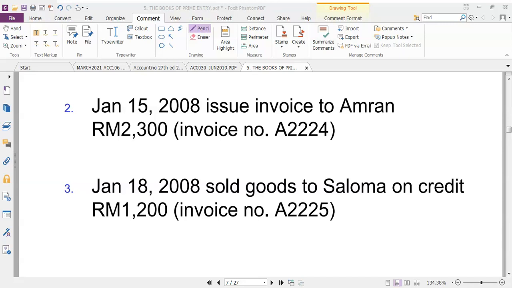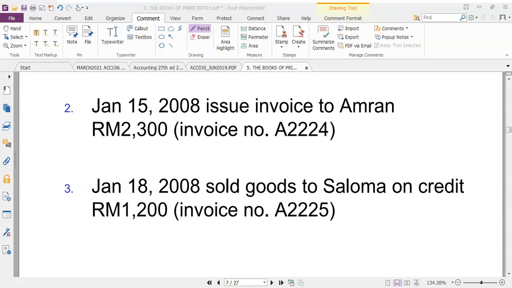Saya cari dekat handphone. Awak pun boleh kalau ada internet, boleh tengok sales invoice.